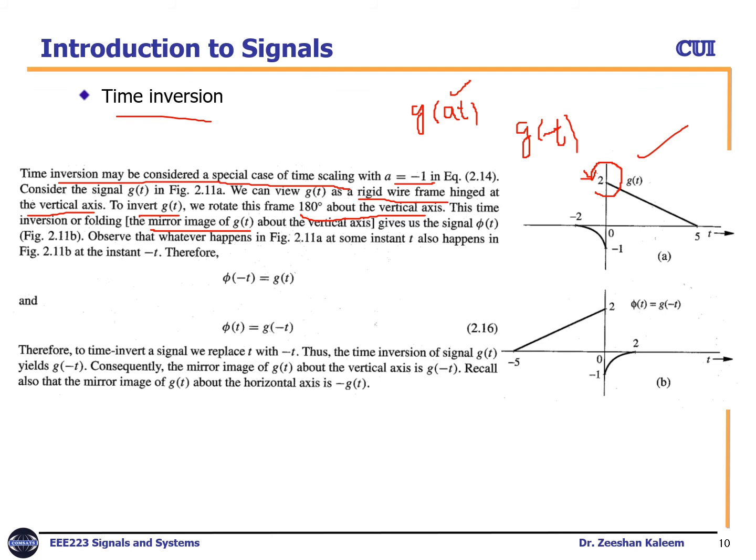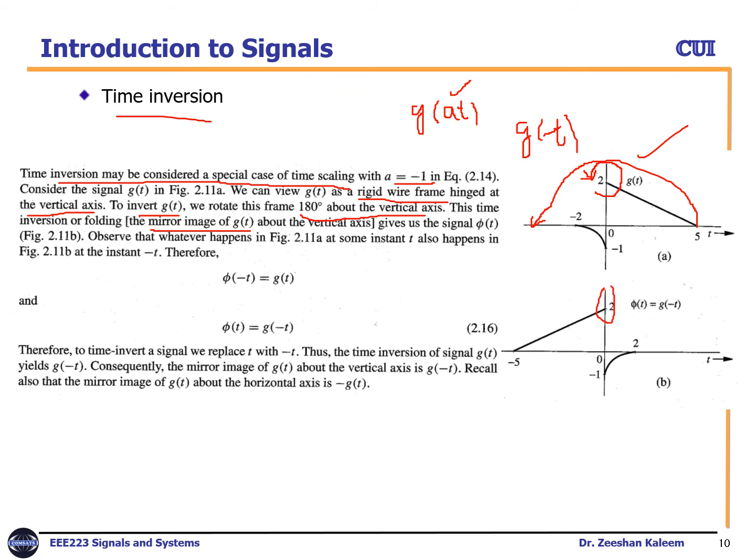So if you move from here, look at this. This point is fixed because we are talking about time inversion. So this point will be taken from here to here, right? But the vertical axis stays at the same point. Look at this, 5 and minus 5.